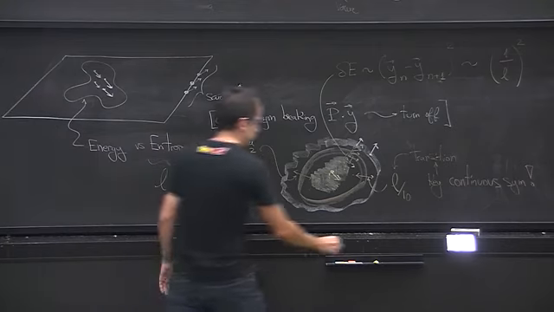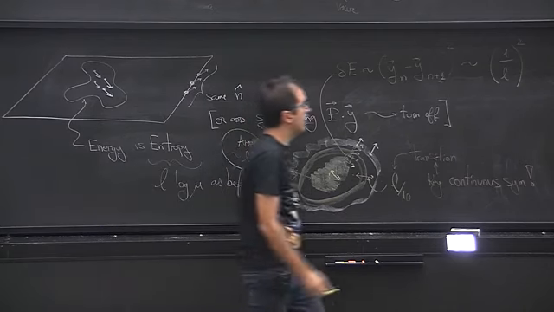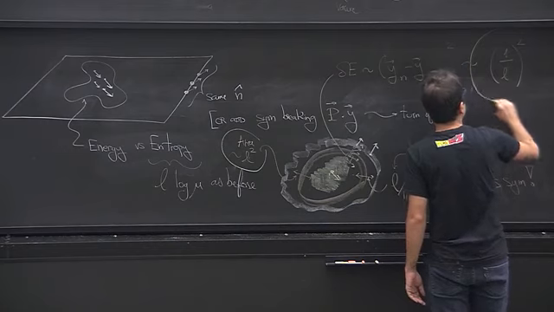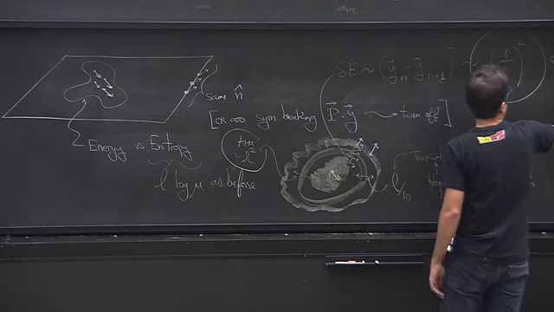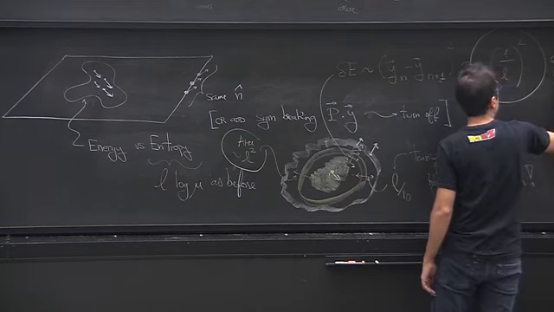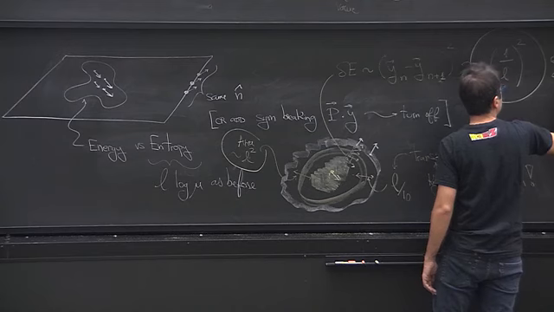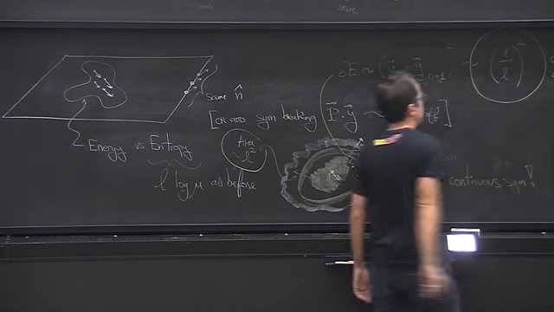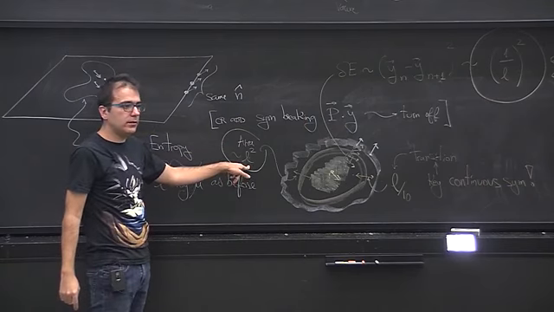And therefore, these two things together, the area is of order L square, and the energy density, so this is the energy per unit area, or energy density. The energy density is 1 over L square. The area is L square.